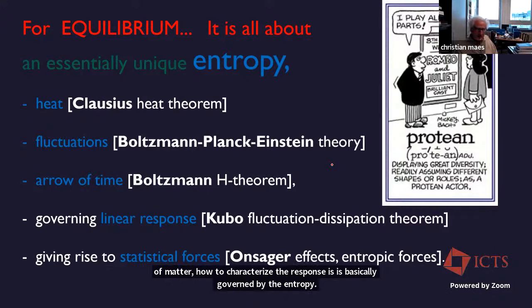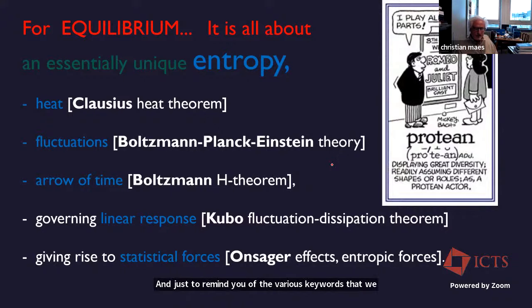And just to remind you of the various keywords that we find in courses on statistical mechanics, it's kind of remarkable that from the beginning already with Clausius, where the definition of entropy was given as a differential which equals the reversible heat over temperature, entropy was related to heat, but surprisingly, miraculously, in the hands of people like Boltzmann and Planck, it was related to degeneracy, to fluctuations, which became a very powerful object, of course, to understand the extension of thermodynamics in the direction of fluctuations.